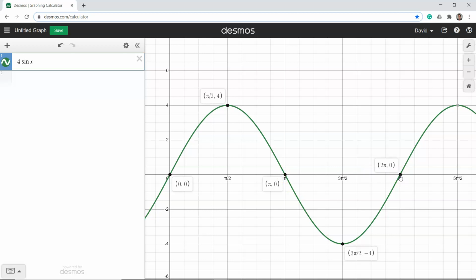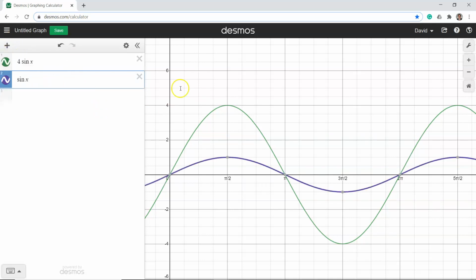As you can see, comparing these 5 quarter points to our old 5 quarter points, and you can do that by clicking this plus button and adding an expression, these points are the only ones that changed. The zeros are exactly the same. And they changed by exactly a factor of 4. So all you do is multiply these 1s and negative 1s by 4.